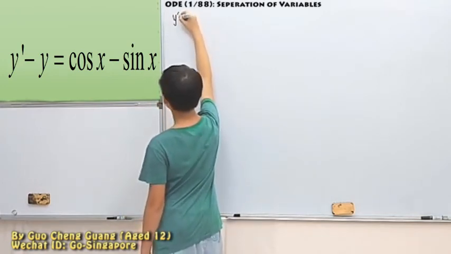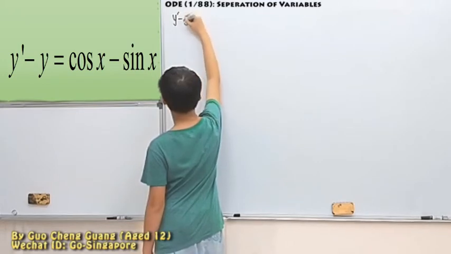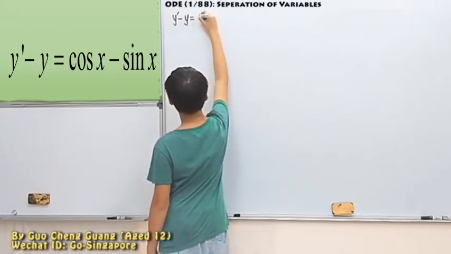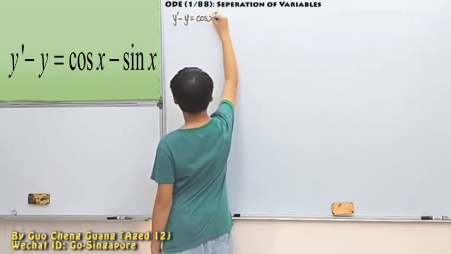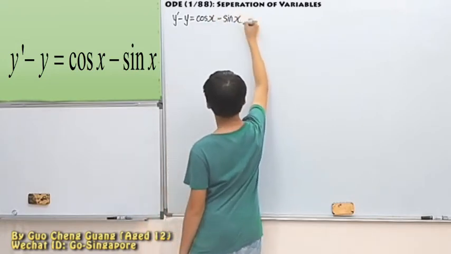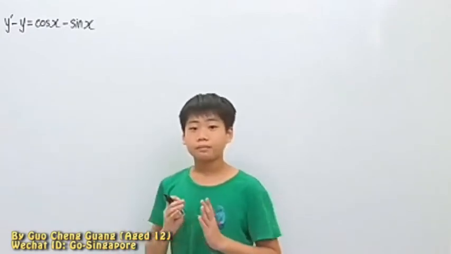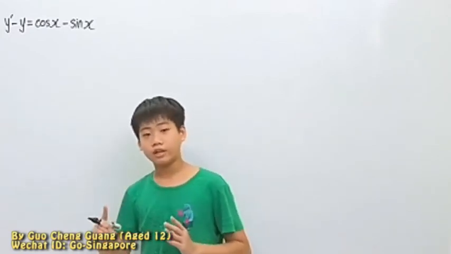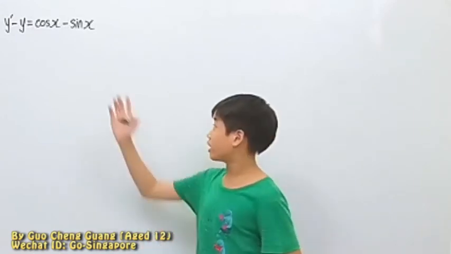So this is y prime minus y equals cosine x minus sine x. Okay, first thing that we have learned, separable differential equations. When we first look at this, is this separable?